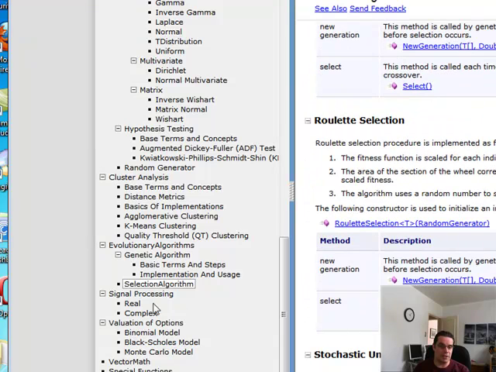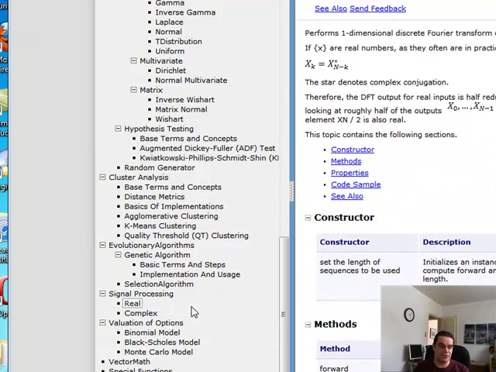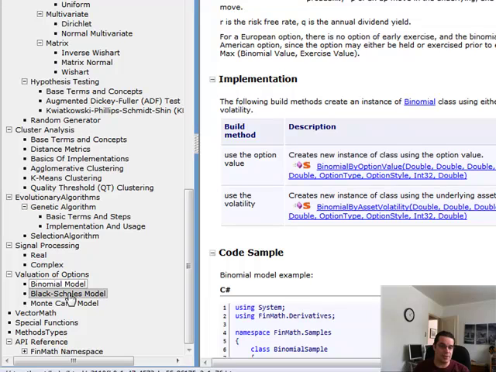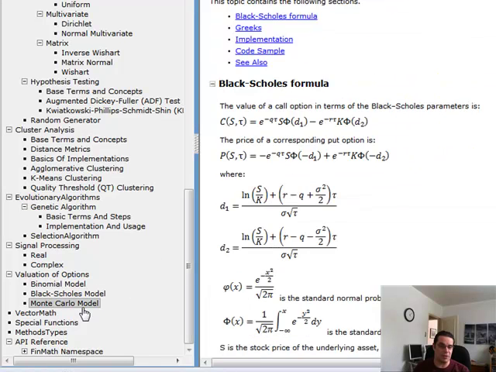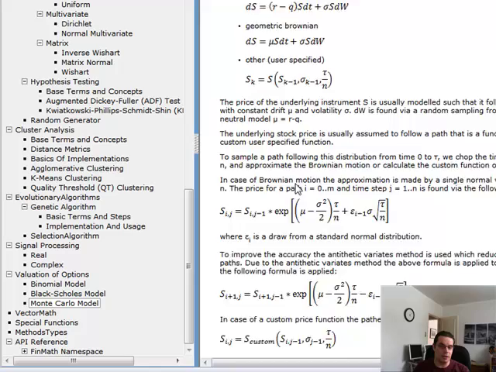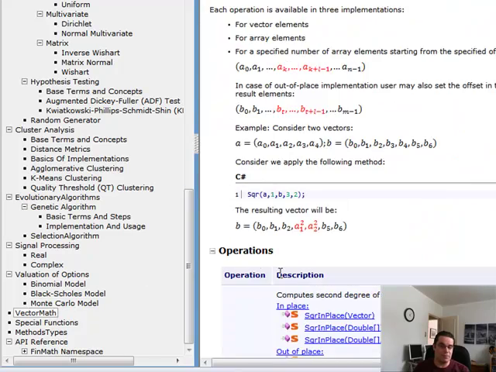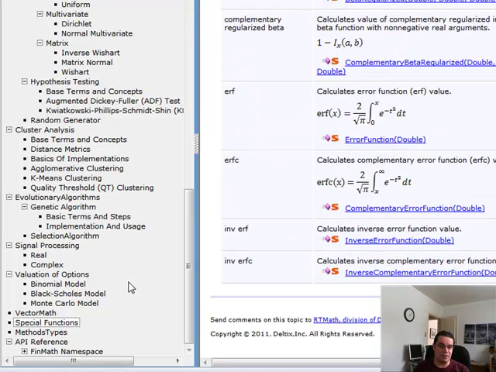In terms of functionality, signal processing, real and complex data types. Now if you're into options trading, you get your binomial model, the famous Black-Scholes, Monte Carlo, probably for your Monte Carlo simulation. Then we move into some more specialized stuff, but we'll leave it at that.